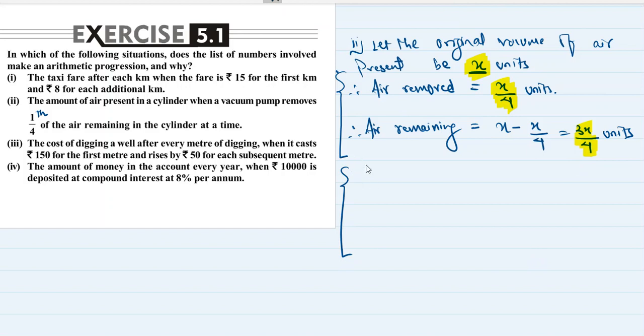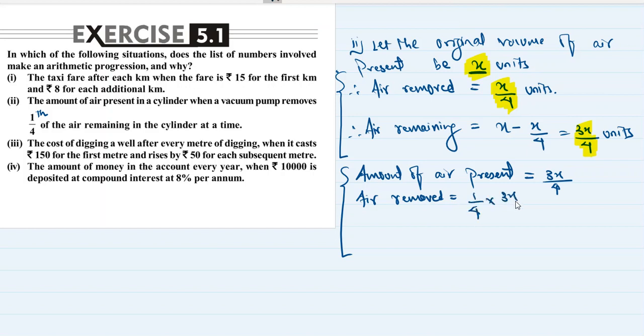Amount of air present is equal to 3x by 4. Air removed is equal to one-fourth of the remaining air, that is 3x by 4. So how much air is removed? 3x by 16.